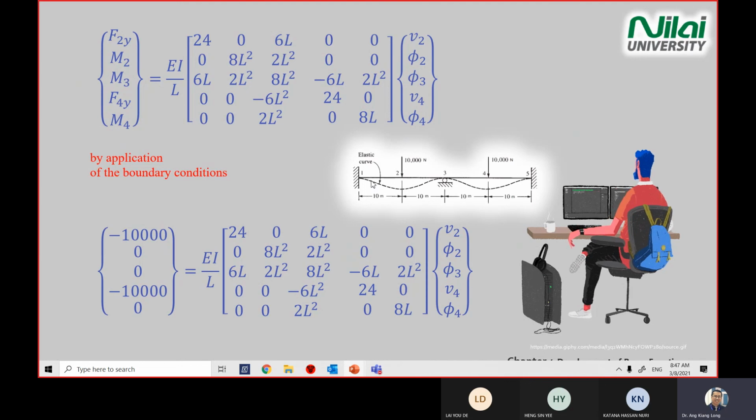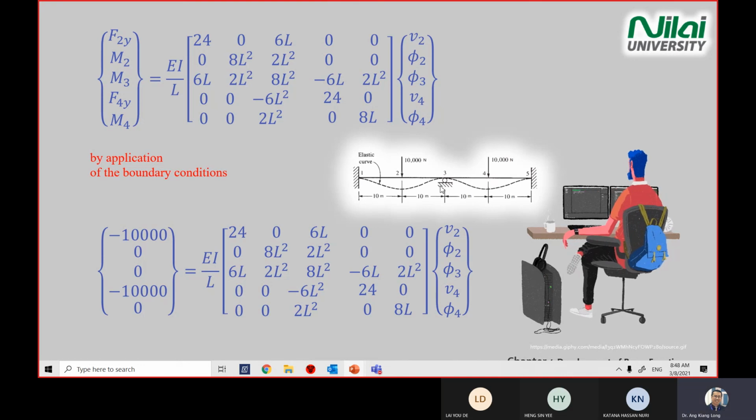From the diagram, for point number 2 you have a negative sign of 10,000 Newton. So you get negative 10,000 for F2Y, and then negative 10,000 for point number 4, which is F4Y. And for the moment, we know that inside the wall, there's no moment.